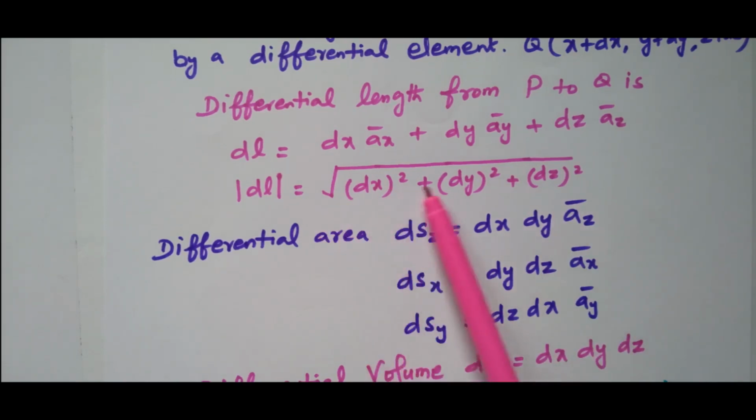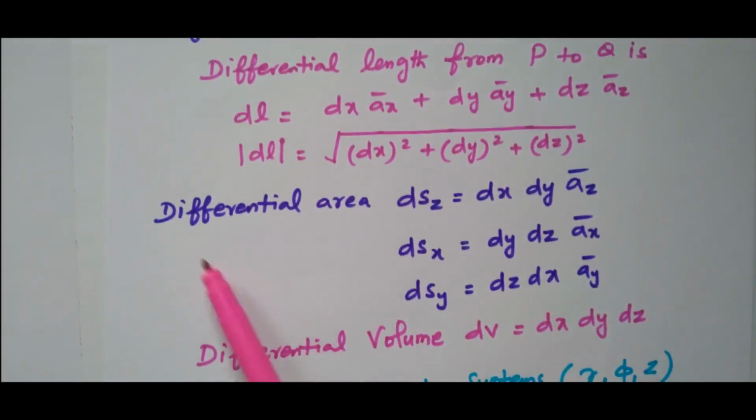We consider x, y and z. So while calculating differential area, we need to consider any two elements, either xy or yz or zx, right? So first we consider dsz. So here z is there, meaning dx and dy. We consider x and y that represent the z axis.